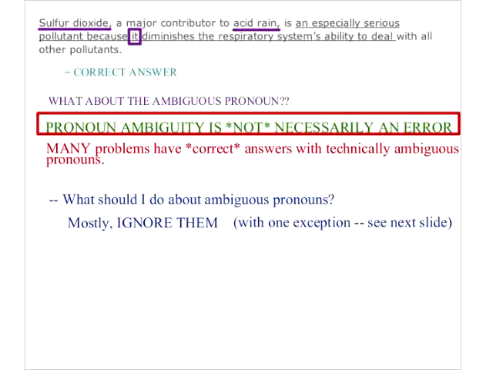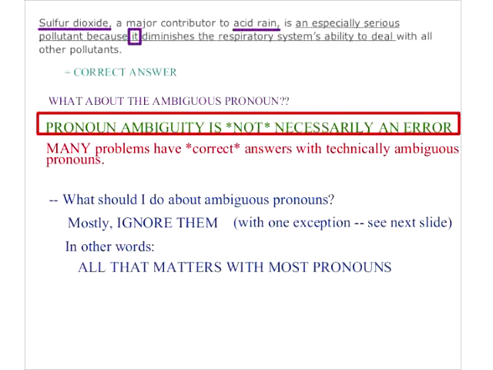In other words, here's all that matters with pronouns. Number one, does the pronoun have a noun to stand for? And if so, does it match that noun in terms of singular and plural?